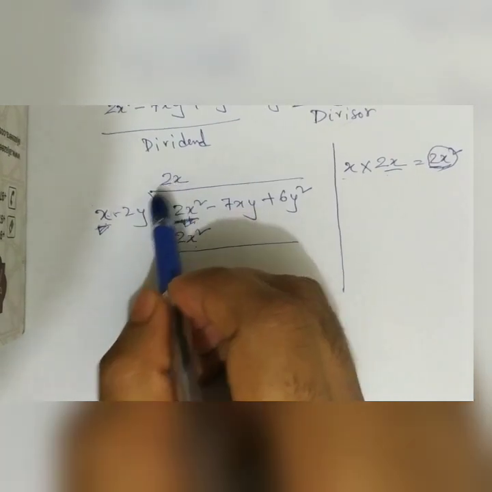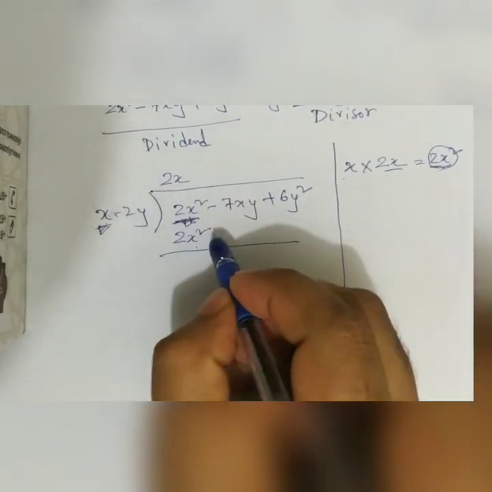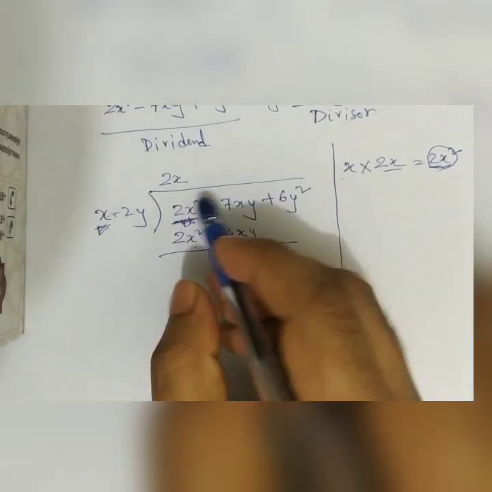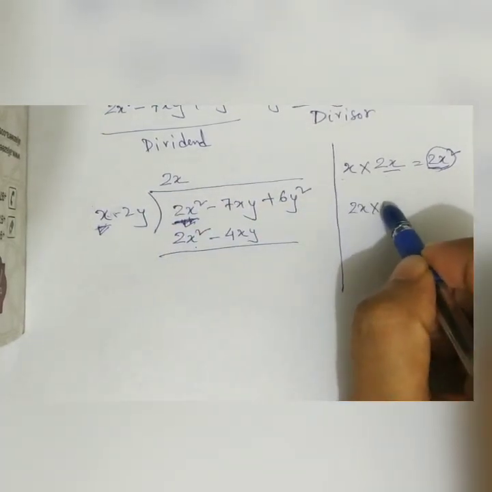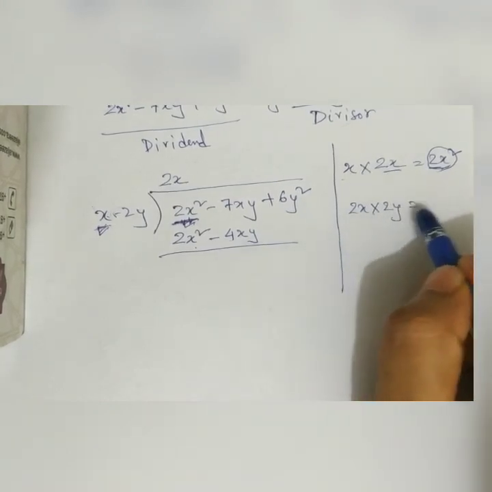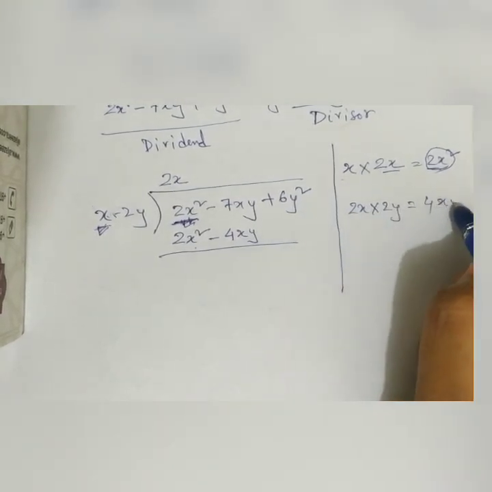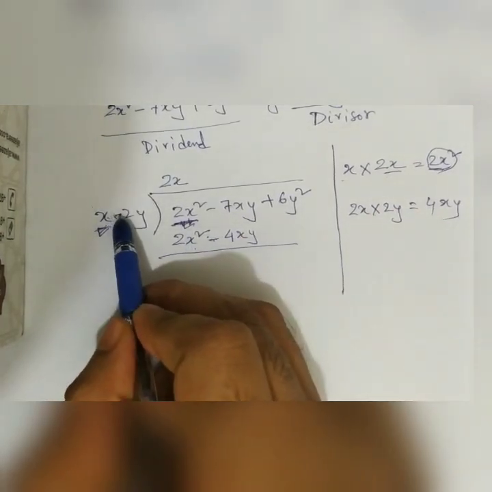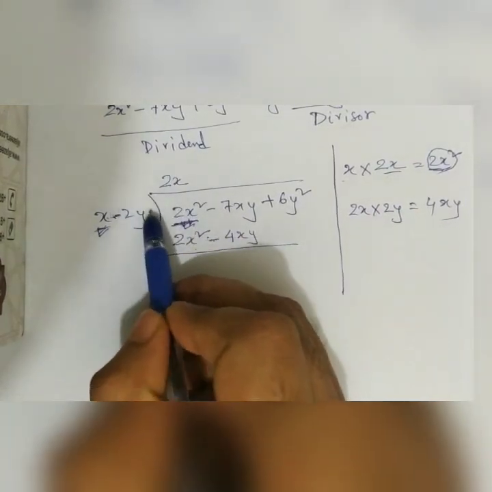Okay, so 2x into minus 2y is minus 4xy, right? 2 into 2 is 4, x into y, xy. Okay, and this minus sign is because here there is also a minus sign. So 2x into minus 2y.